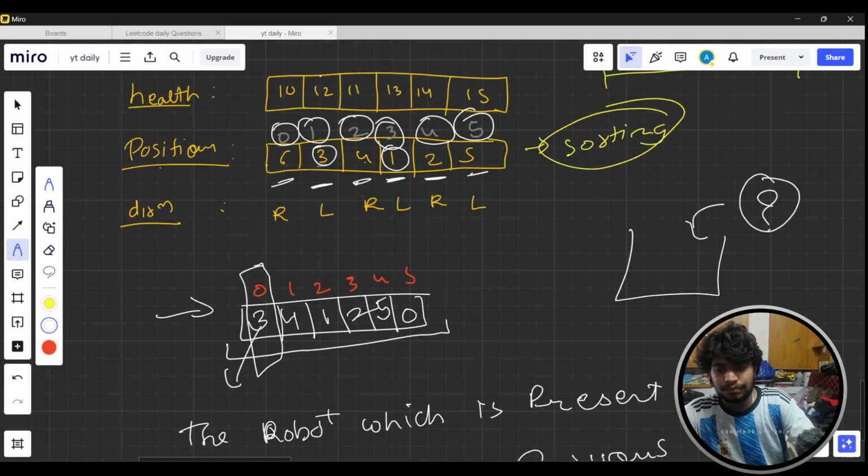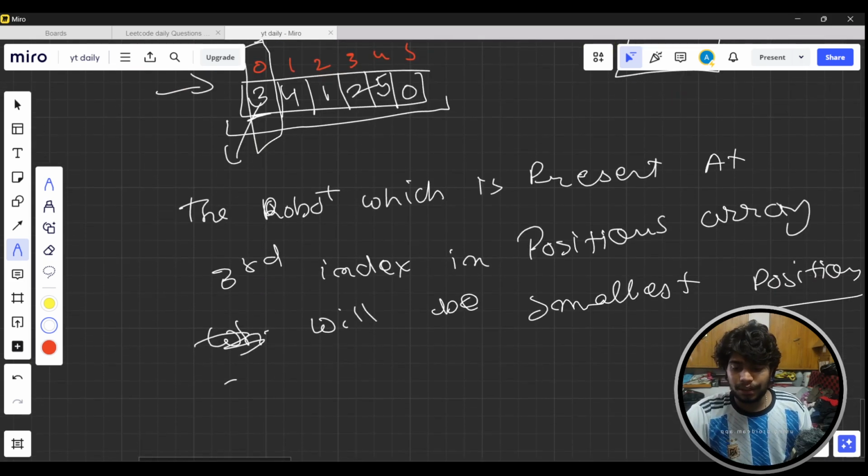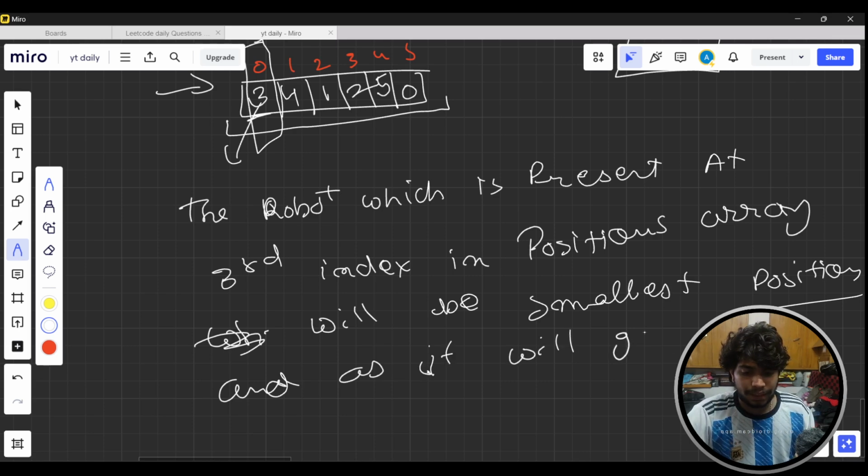Okay, I'm right. And as we move, it will go on increasing.